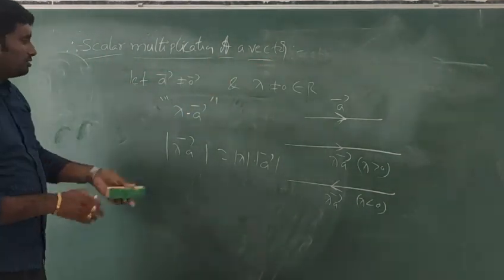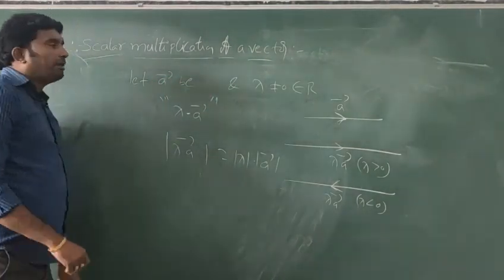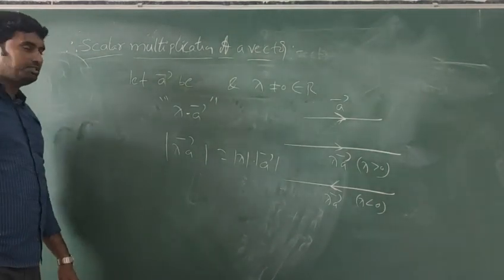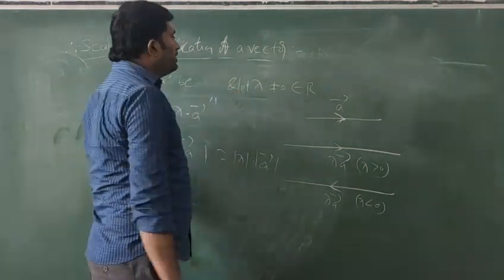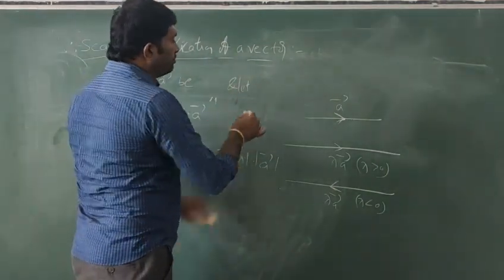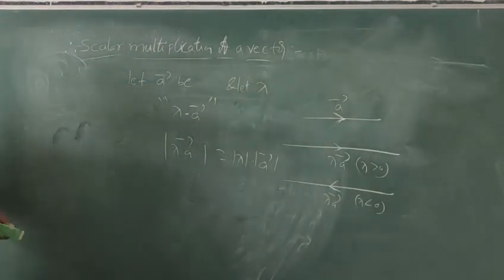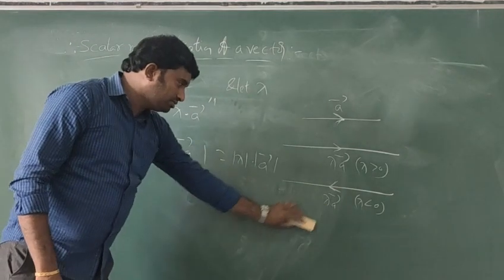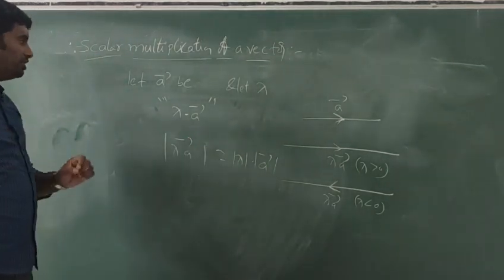Let a bar be any non-zero vector, and let lambda be a non-zero real number. Non-zero real number means maybe it is positive or negative, but not zero. That is the meaning of non-zero.